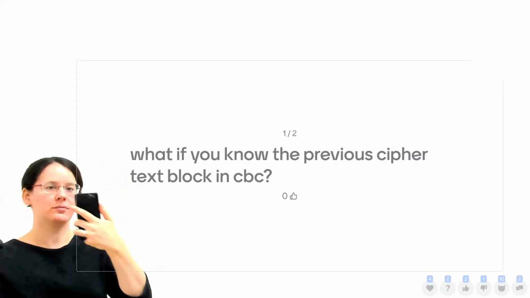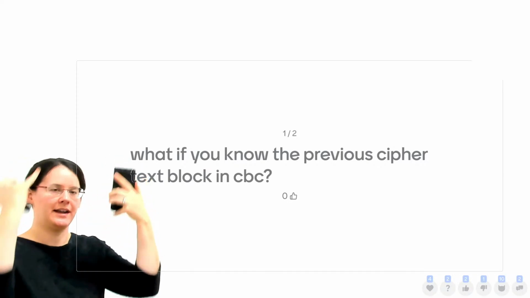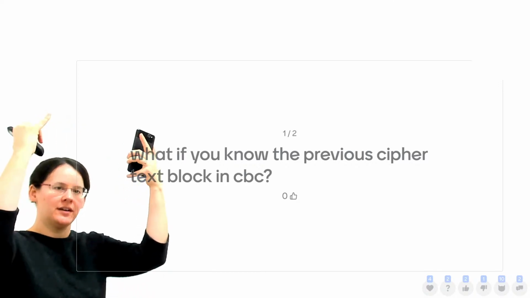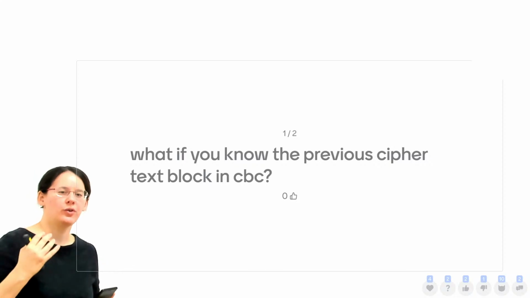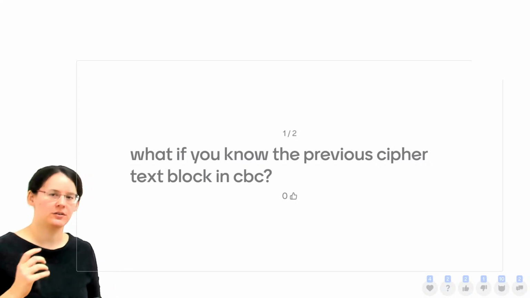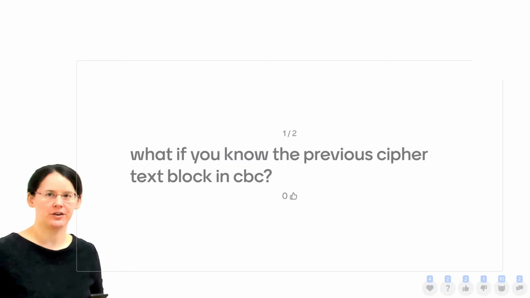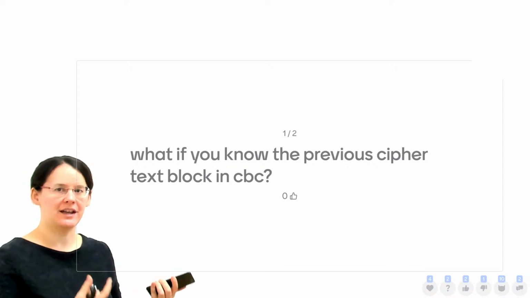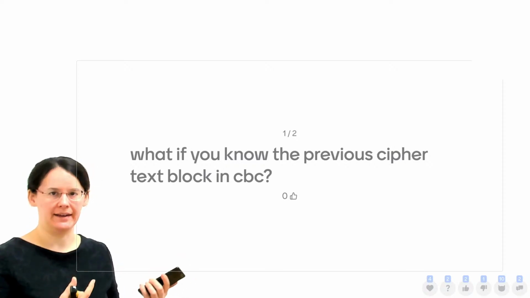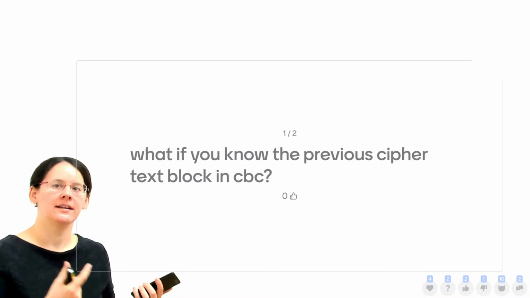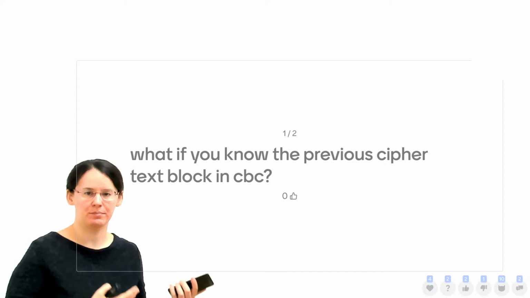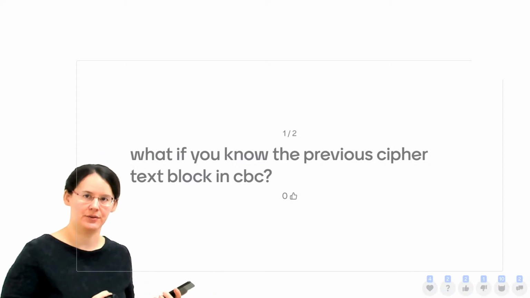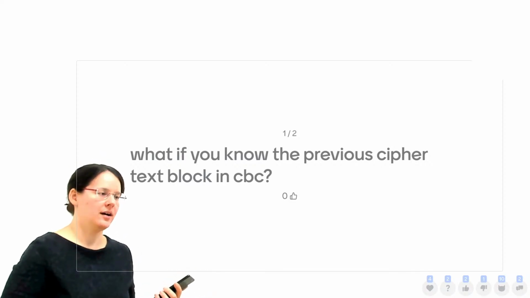And if you know both of the previous ciphertext blocks, you can XOR them, and then you will learn the difference between the message blocks. So you do learn a tiny bit about the message, but only under very certain circumstances, namely if the two ciphertext blocks actually collided. And this only happens by chance, not because of any structure in the data. You can't trigger it, only by accident.